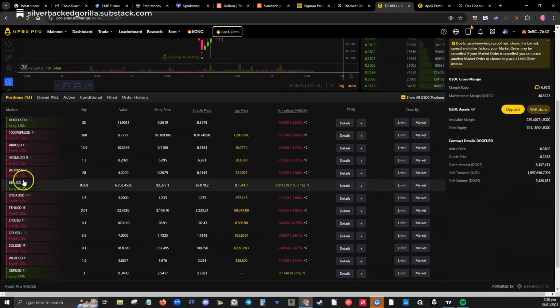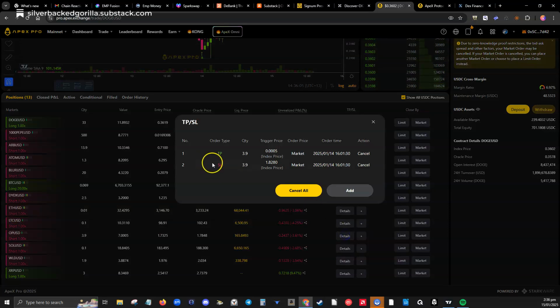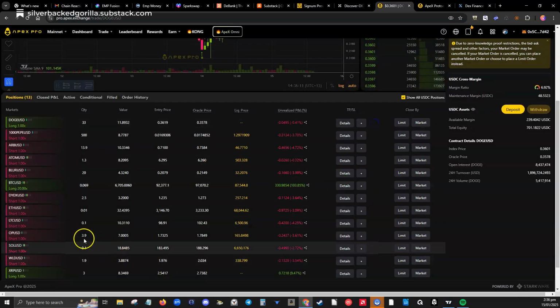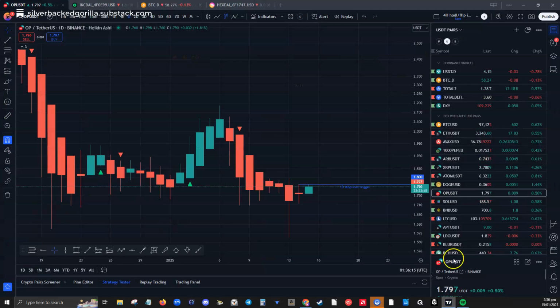Optimism, stop loss at $1.82. Yeah, that's fine. Happy with that. I'll just leave it going as a short. It's not into profit yet. So again, look, that's not a fresh short.